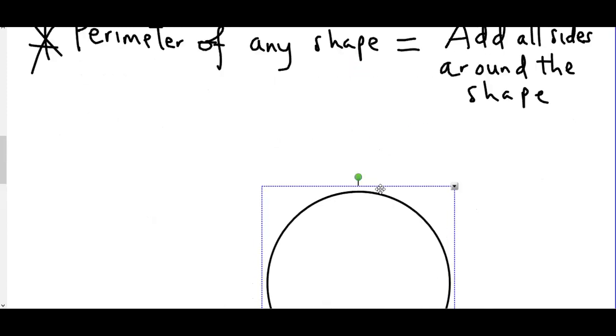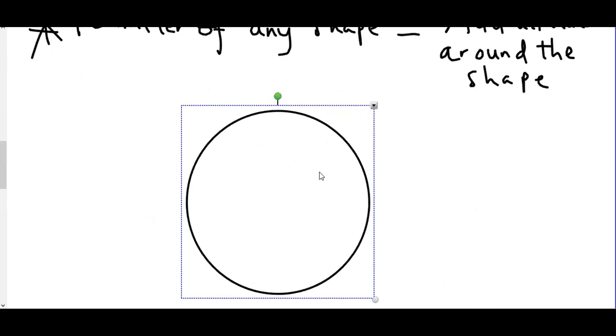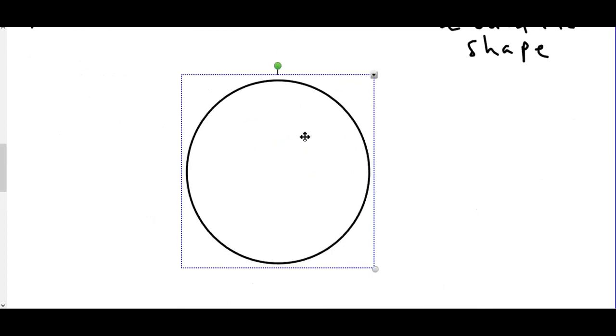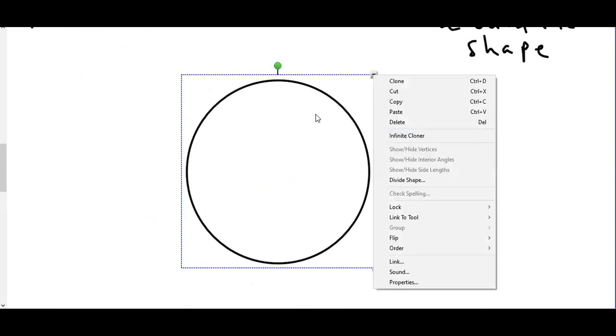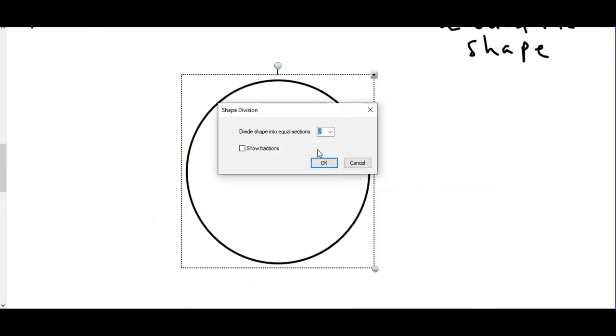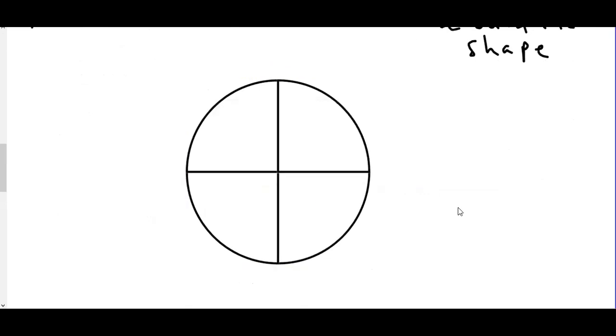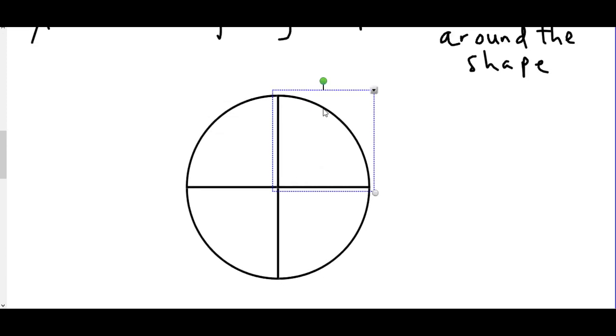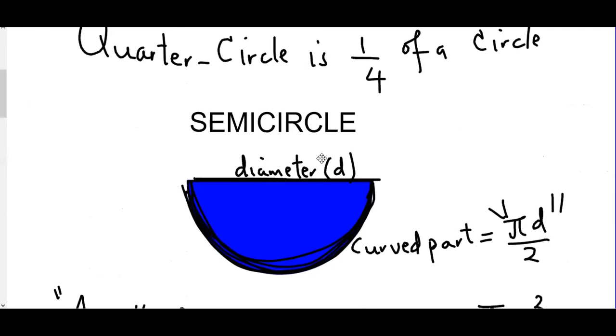Because my interest is to get a quarter circle, I need to divide this circle into how many parts? Into 4 parts. Now, which part is referred to as a semicircle? A semicircle, I have explained to you, is this part here.